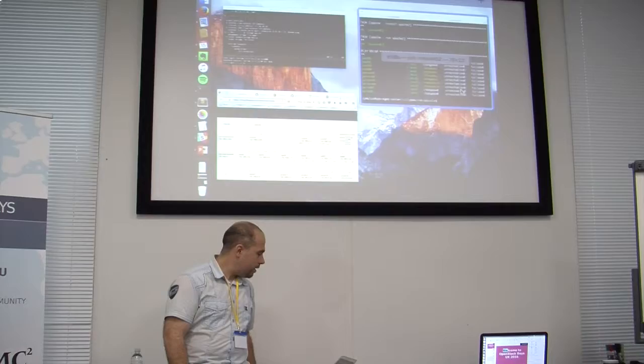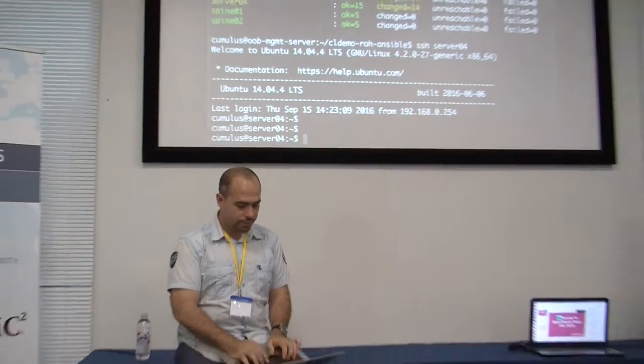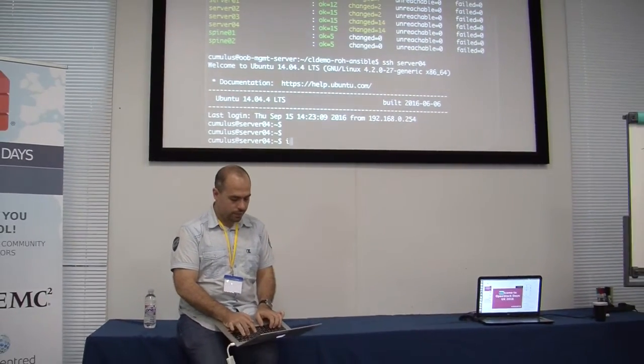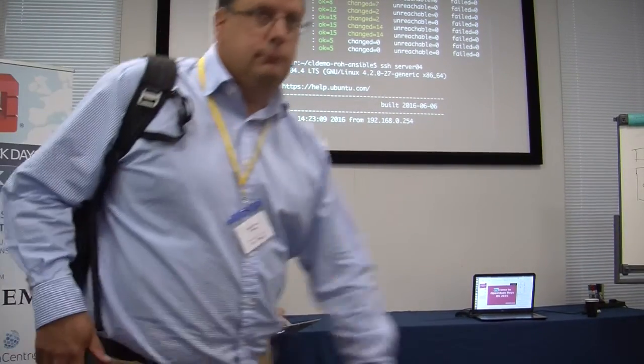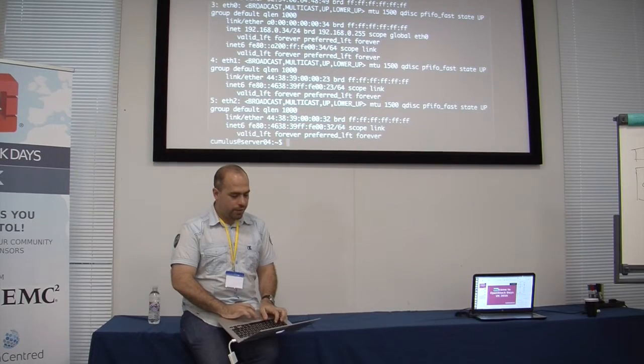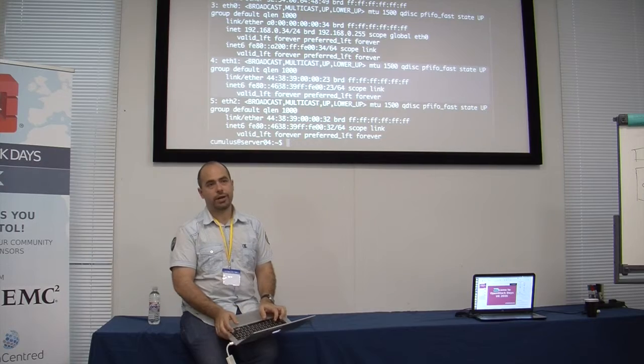So I can show you that. Where are we right now? Sorry, we're on... So I'm logging into server 04 now. And say that I look at ETH1, you see that it only has the IPv6 link local address.